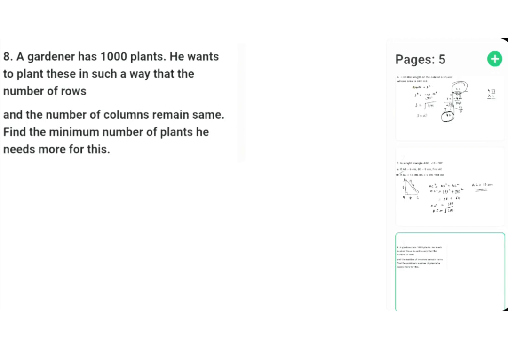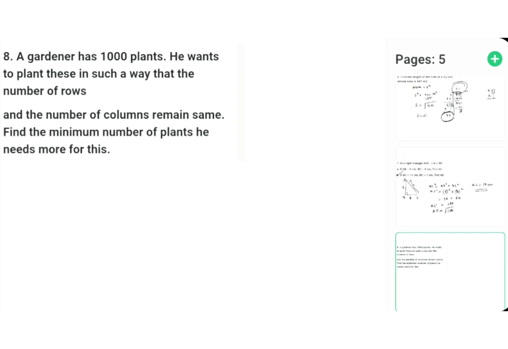Next, let's see problem number 8, which says a gardener has 1,000 plants. He wants to plant these in such a way that the number of rows and the number of columns remain same. Find the minimum number of plants he needs for this.